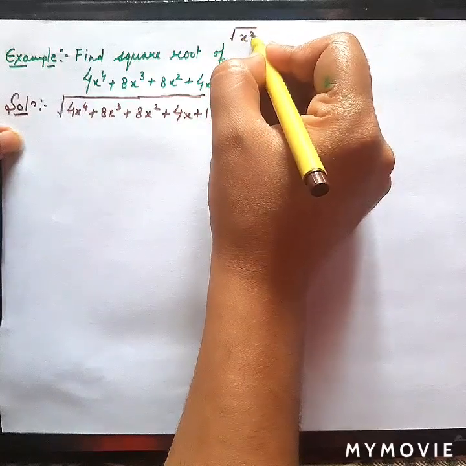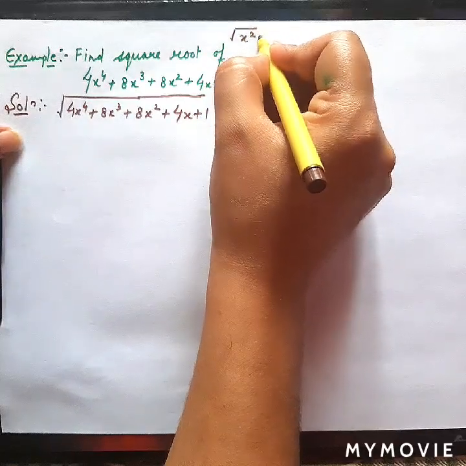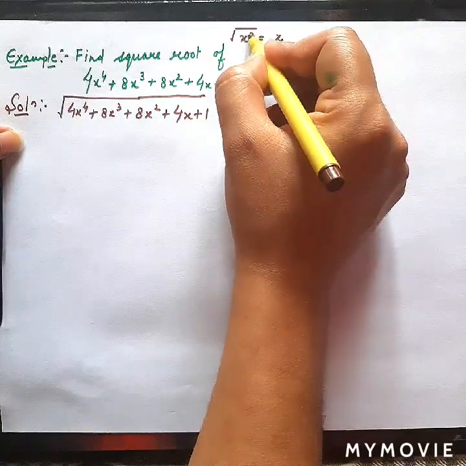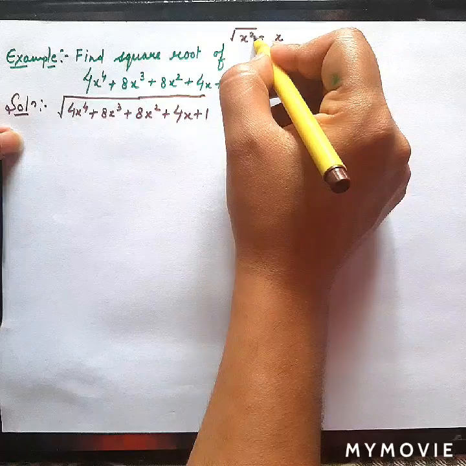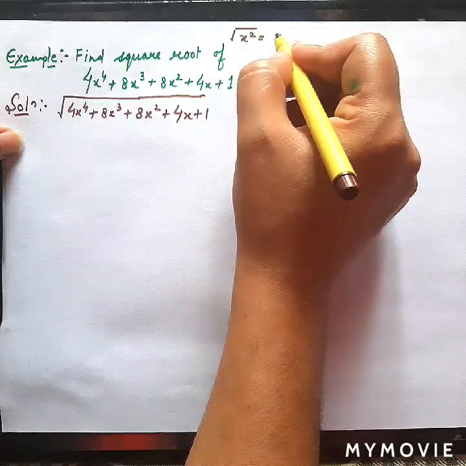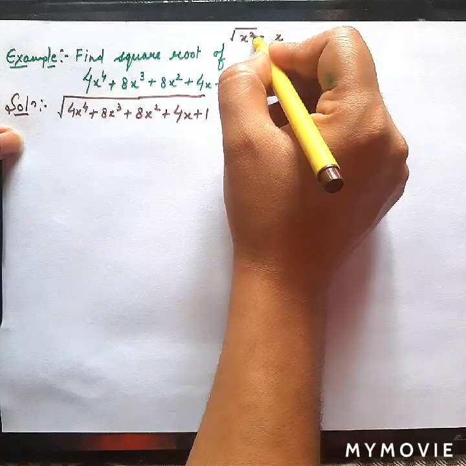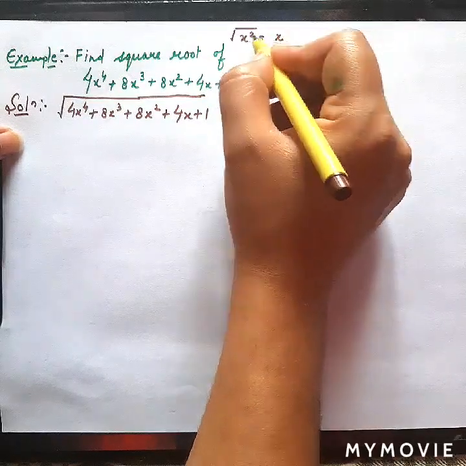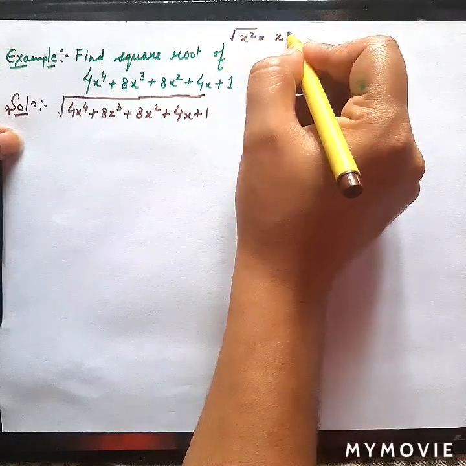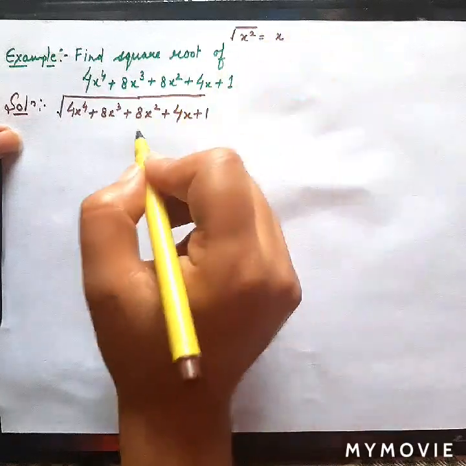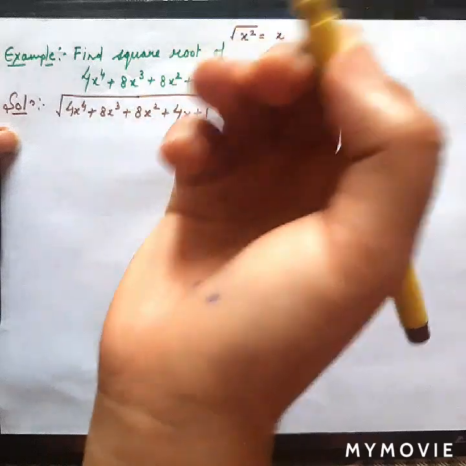Whatever power we have, its power gets halved. If we have a power of 4 of any number or polynomial, its power becomes 2. If we have a power of 2, it becomes 1. If we have a power of 6, it becomes 3. In such ways we can get an idea of what our answer would be.